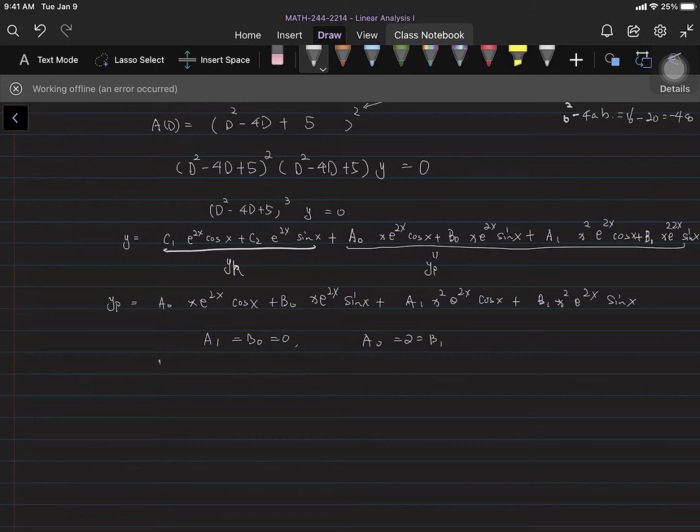So the particular solution is going to be 2x e to the 2x times x sine x plus cosine x. The general solution to the whole differential equation is the general solution to the homogeneous plus the particular solution.